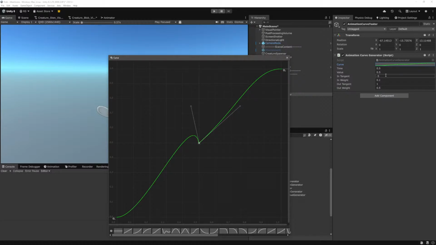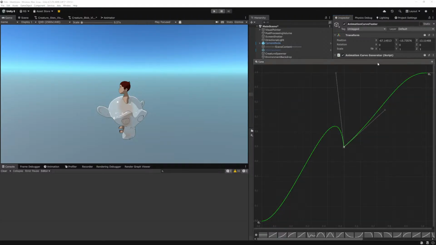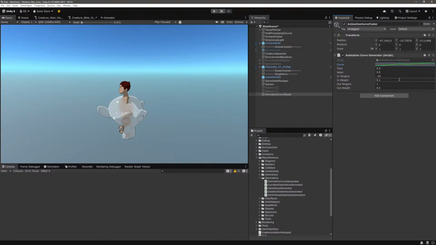I'm very interested in why tangents are defined in this way. And what if I want the tangent to go straight up? Is that -10? Or I guess that would be minus infinity, right? Just weird.